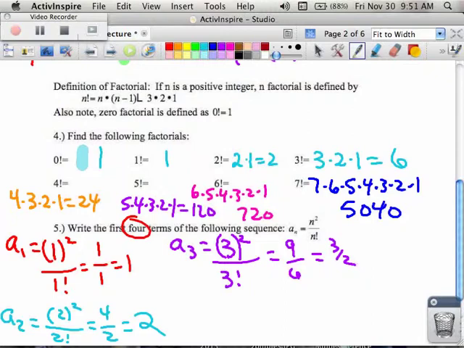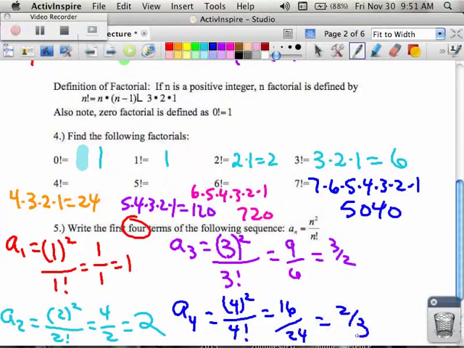And then the last one, a sub 4 is equal to 4 squared all over 4 factorial, which is 16 over 24, which is the same as 2/3.